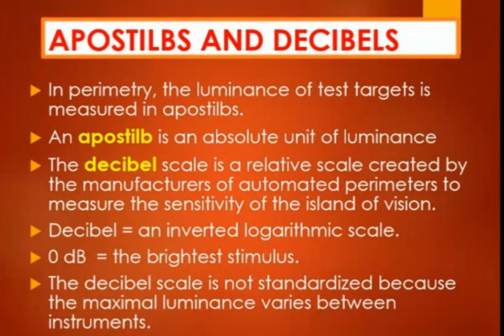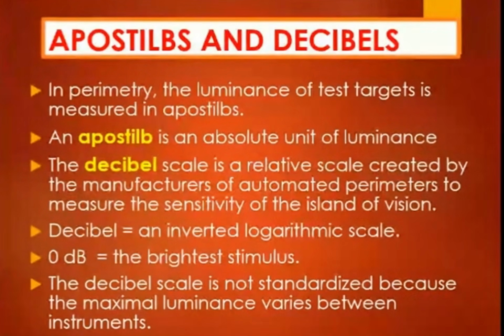By inverted logarithm scale, it means that the higher the Apostilb, the lower the decibel. By Apostilb, I mean the luminance, the intensity of light. So the higher the intensity of light, it means that the sensitivity of that particular area is low. Apostilb represents intensity of light.